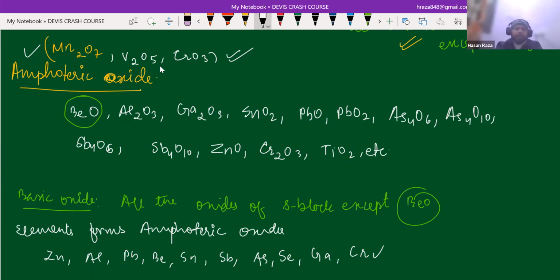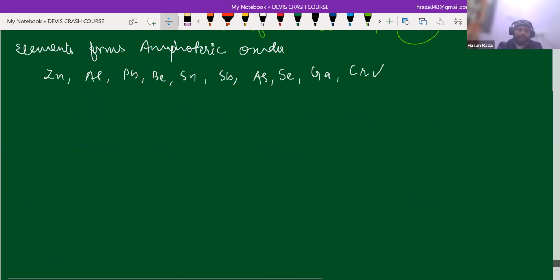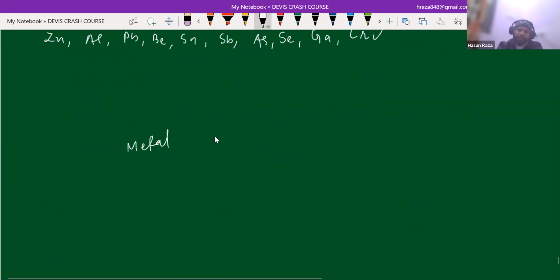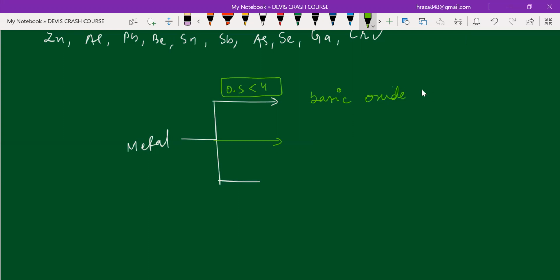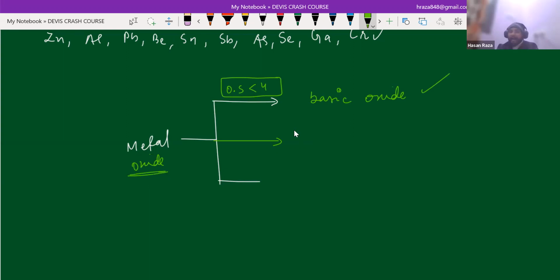Now see, for metals, we know from childhood that metal oxide is generally basic, but it is not. When the oxidation state of the metal is less than 4, then it is basic oxide.